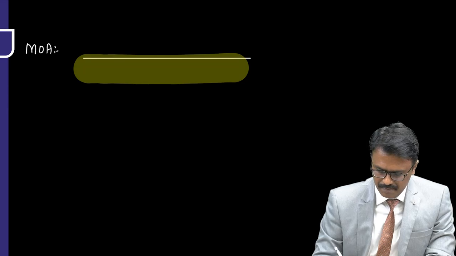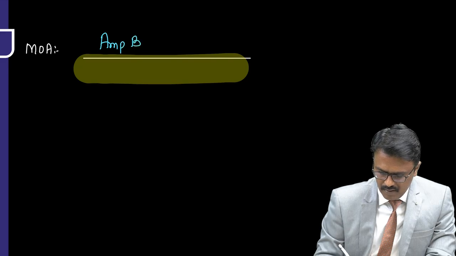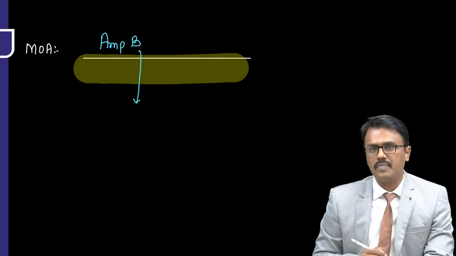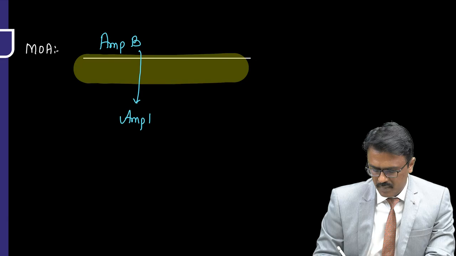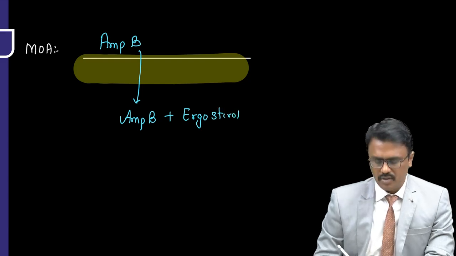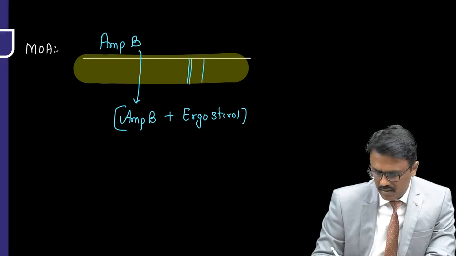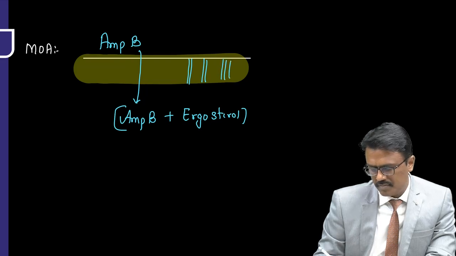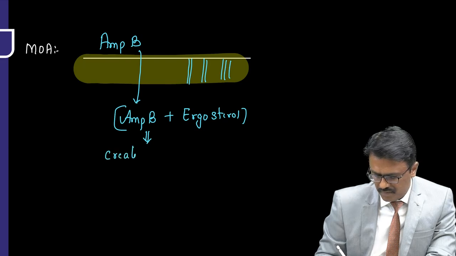The amphotericin B, what we give, enters inside the cell and combines with ergosterol. When it combines with ergosterol, this combination will create pores in the cell membrane. So the site of action is the cell membrane.